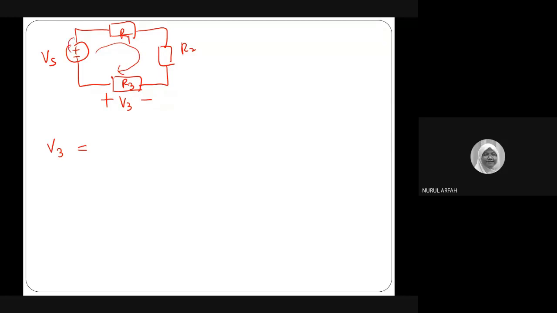Because this is a plus, means negative, right? So you have a negative sign. And then what is the equation? Minus R3 over, sekejap, plus over here, VS. And then R3 over R1 plus R2 plus R3. Okay, good.